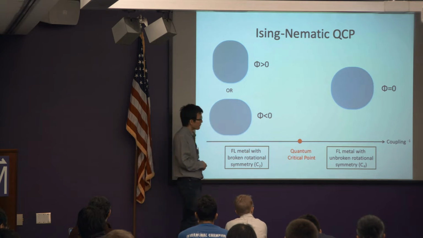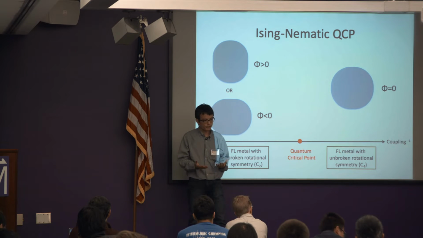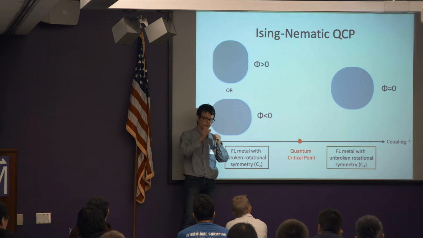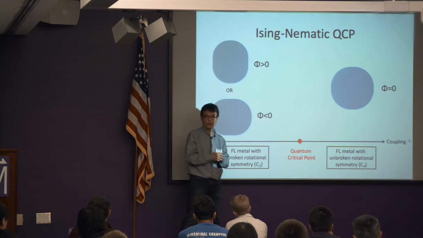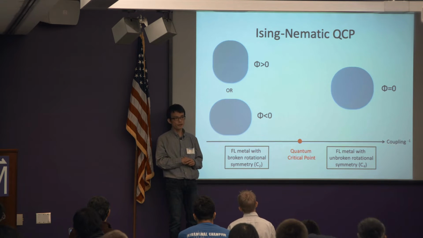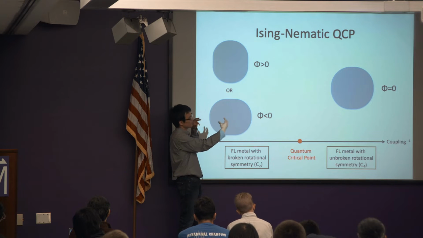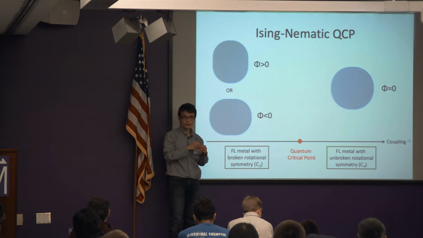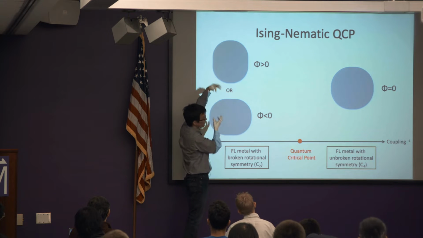In terms of the shape of the Fermi surface, in the symmetric case, your Fermi surface will be symmetric under 90-degree rotation, but in the ordered phase, the broken symmetry phase, you can break the symmetry in 2 of the principal directions, so your Fermi surface can be elongated either horizontally or vertically.